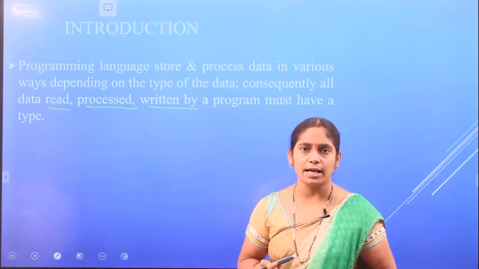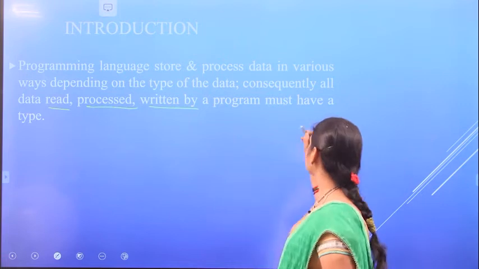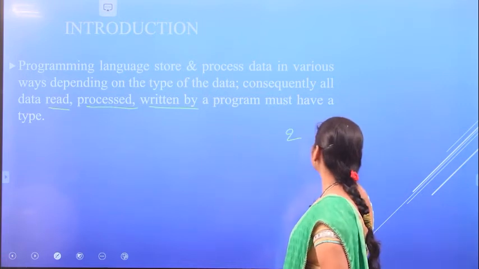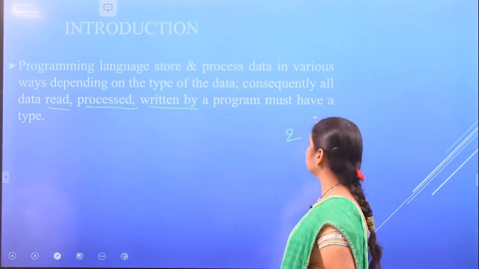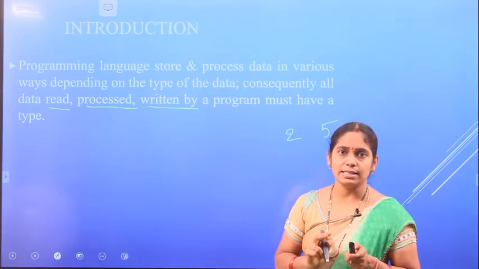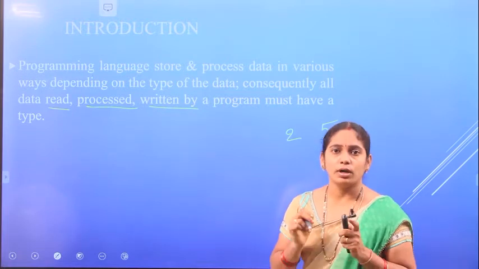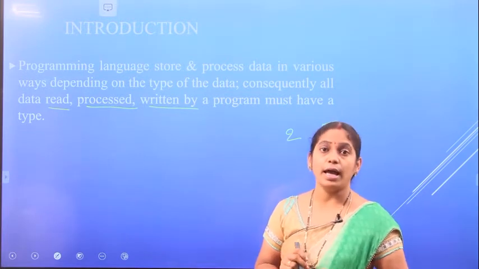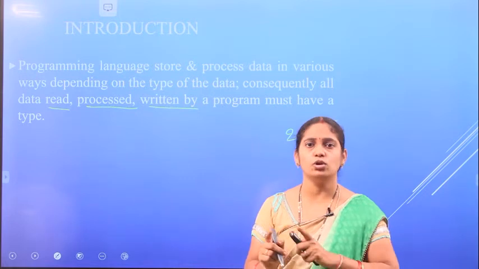Assume the two numbers as 2 and 5. So our data is nothing but 2 and 5. What is our task? We need to perform addition on 2 and 5.